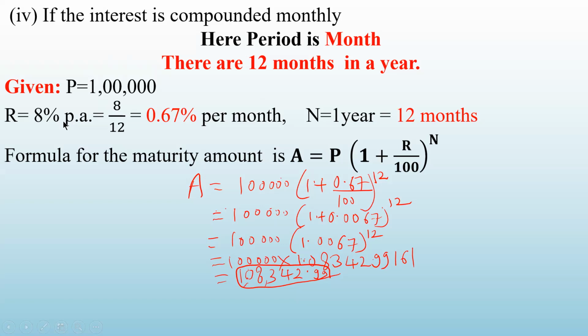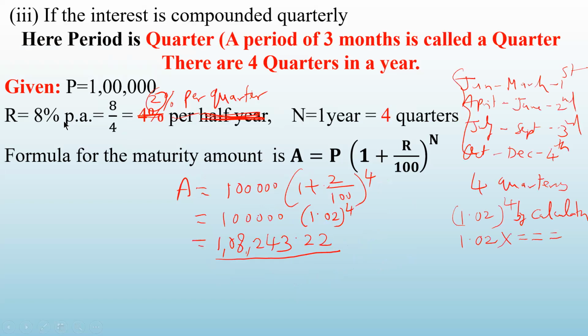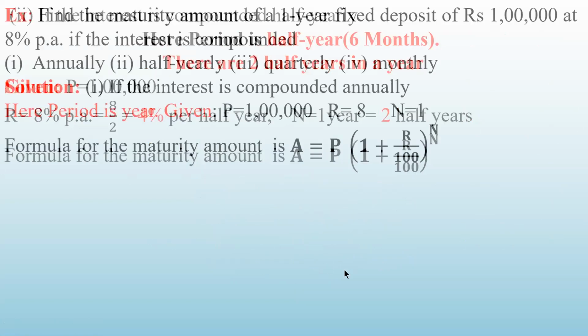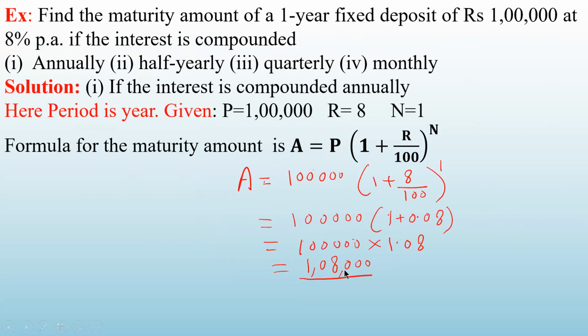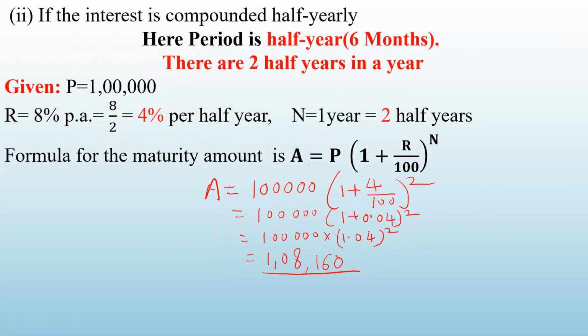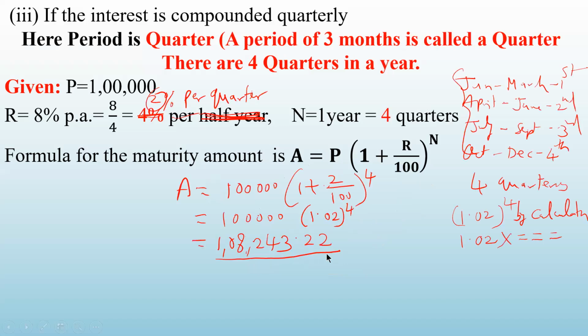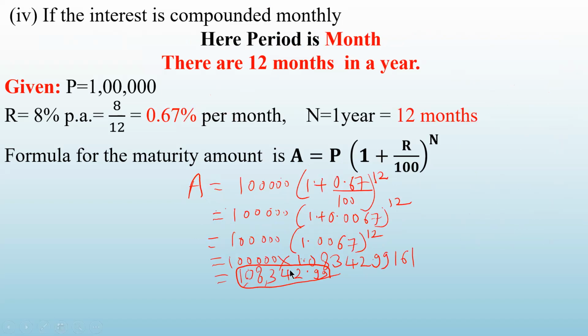But if the interest is calculated yearly, then how much accumulated value did you get? 1,08,000. When the interest is calculated half yearly, meaning 2 times in a year, then you got an accumulated value of 1,08,160. More you got, correct? If the interest is calculated quarterly, then how much did you get? 1,08,243.22, even more. And if the interest is calculated monthly, that means 12 times in a year, then you got more accumulated value.